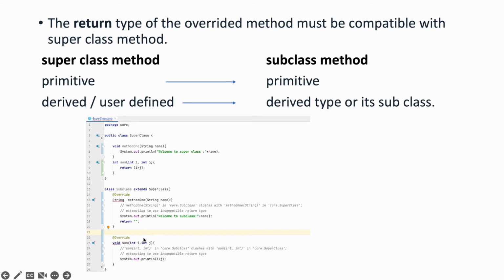So same thing. Whatever the primitive type is in the superclass, it should be written the same. If you define anything other than that, it will give an error. That means both subclass and superclass will have clashes. So attempting to use an incompatible return type, hence the return type should be compatible with the superclass.